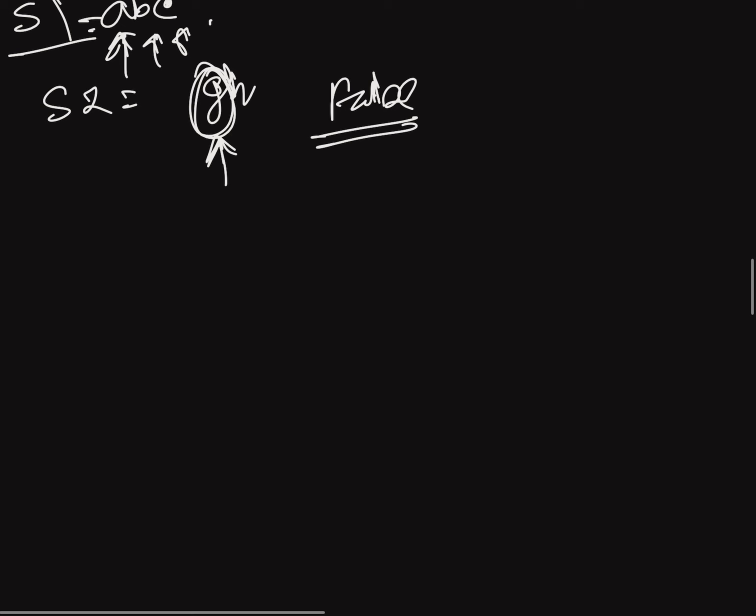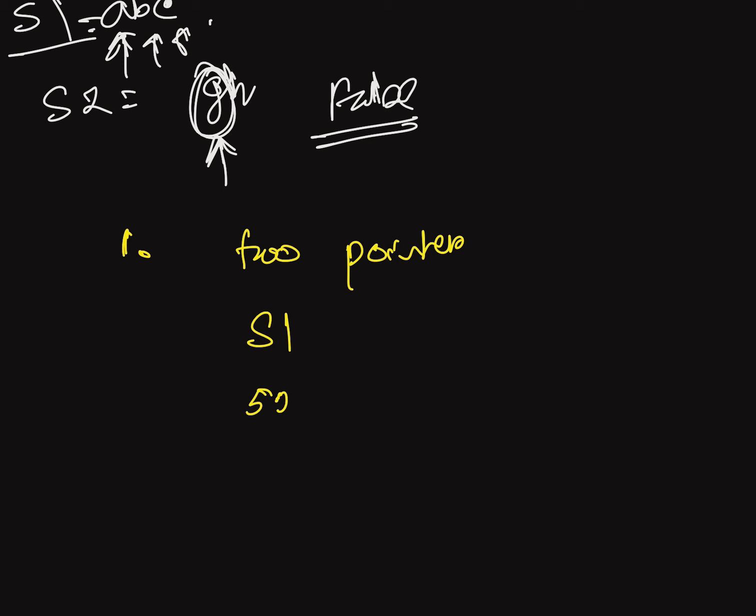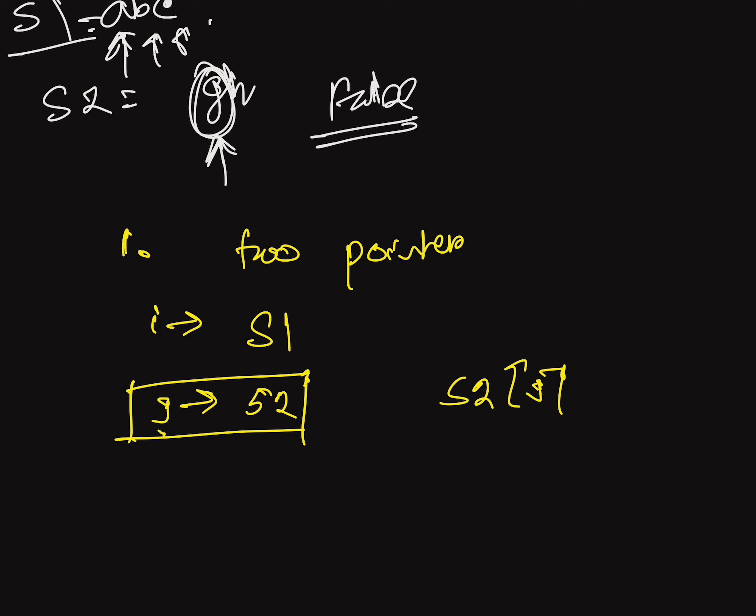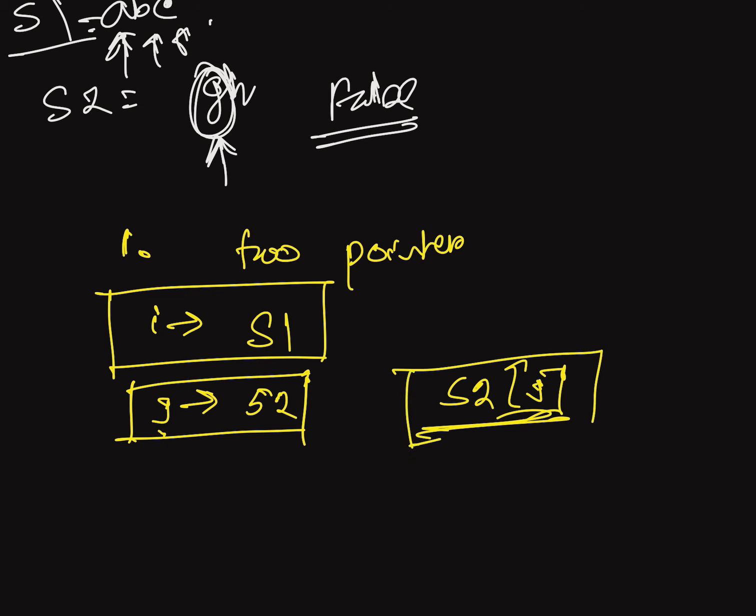So what is the approach? The approach is clear. We will take two pointers, one pointing to string 1, another pointing to string 2. Suppose I and J, where I points to the start of string 1 and J points to the start of string 2. Our current target character is S2 of J. From string 1, I will traverse left to right and check whether there is any character that matches this character, or whose difference is 1.